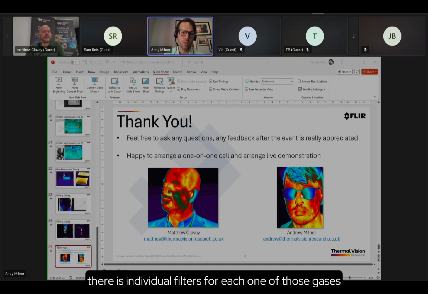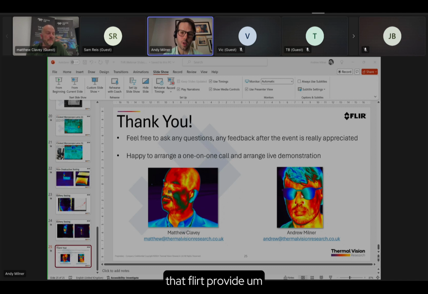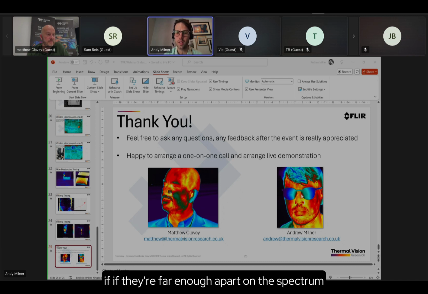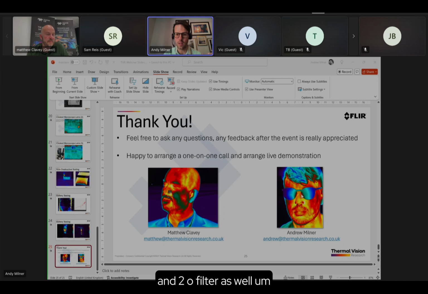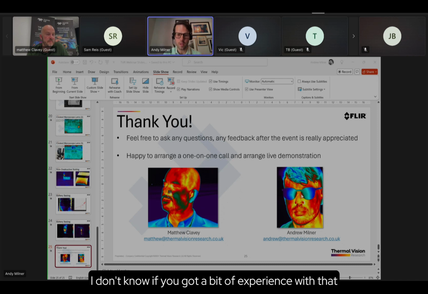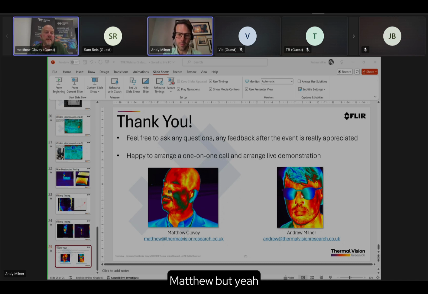Well, there are individual filters for each one of those gases that FLIR provide. I've not used them, but if they're far enough apart on the spectrum and you've got the CO2 filter on, you should only see the CO2, and the same for the N2O filter as well. I don't know if you've got a bit of experience with that, Matthew.